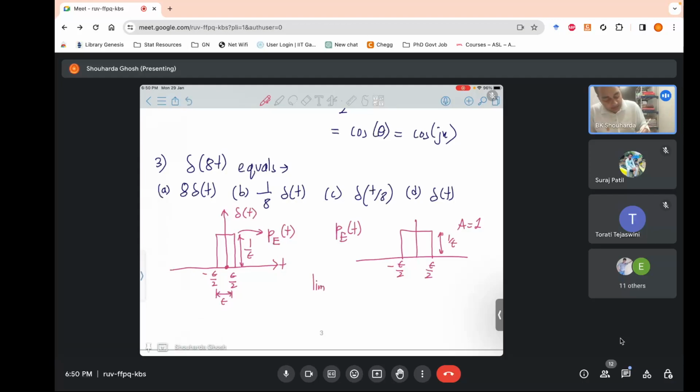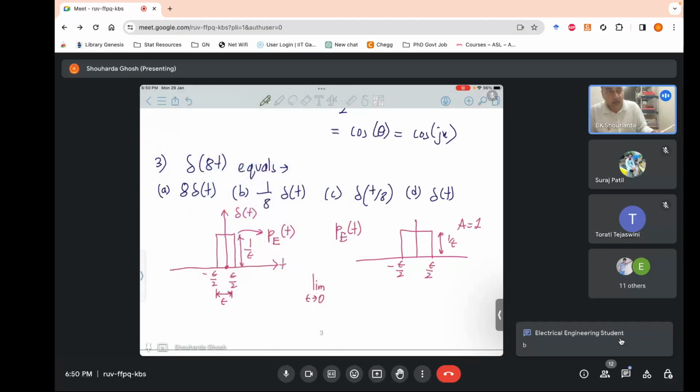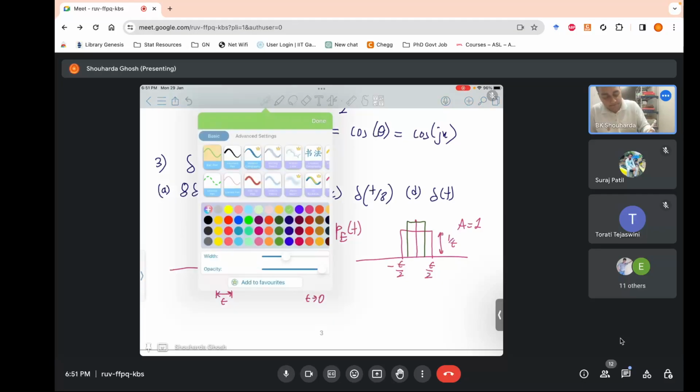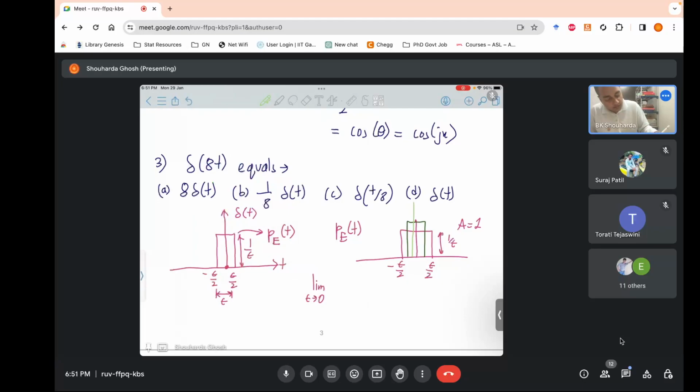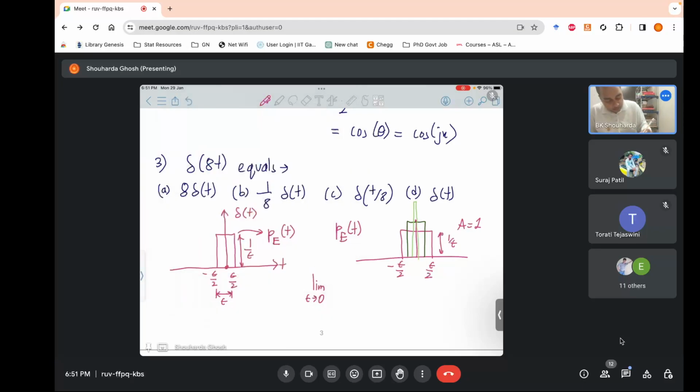Now as epsilon tends to 0, what will happen? I'm revising the concepts as well, so that's why I am re-emphasizing this. As epsilon becomes smaller, the width becomes smaller and the height becomes larger, and it tries to touch infinity. So limit epsilon tends to 0 of P epsilon of t becomes delta t.